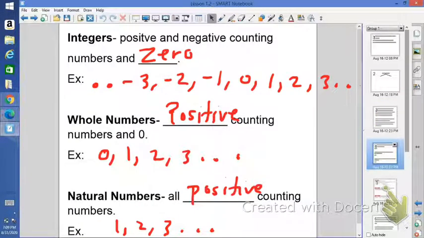Okay, here's that second slide. Integers, the abbreviation for integers is a double-barred Z. For whole numbers, it's a double-barred W. And for natural numbers, a double-barred N.